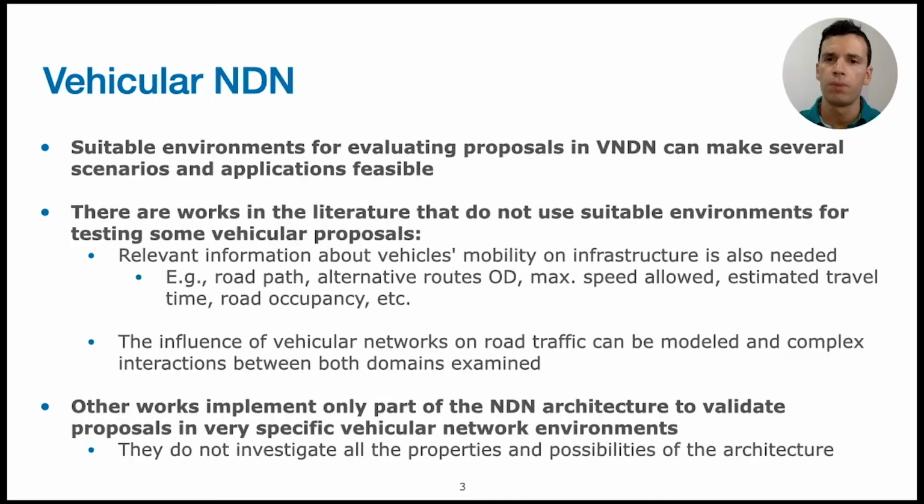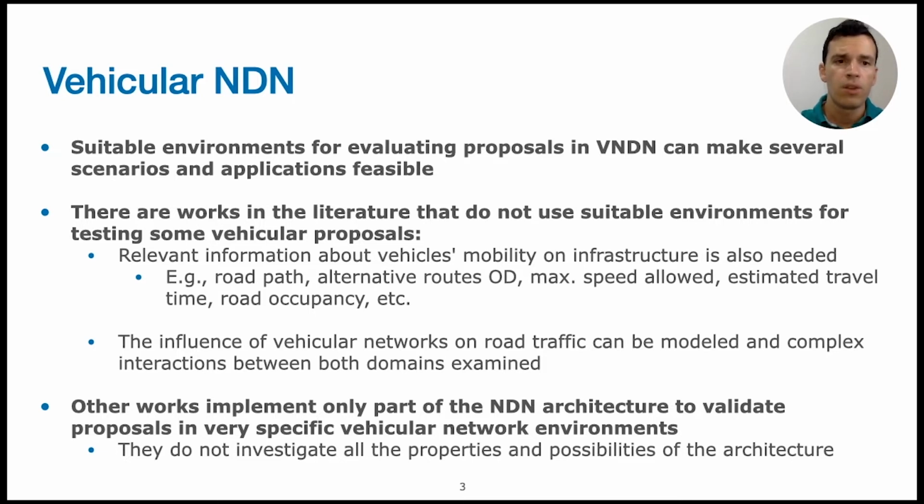Suitable environments for evaluating proposals in VNDN can make several scenarios and applications feasible. There are works in the literature that do not use suitable environments for testing some vehicular proposals. Relevant information about vehicles' mobility and infrastructure is also needed. For example, road path, alternative routes, origin, destination, max speed, alarm, estimated travel time, road occupancy, and so on.